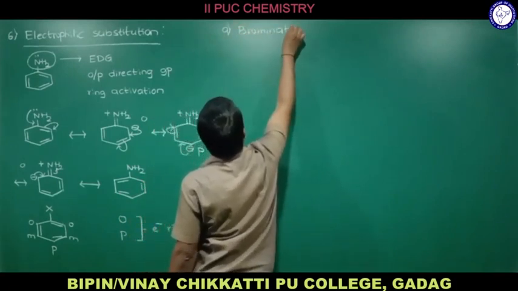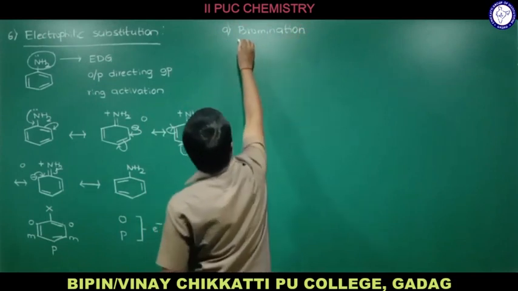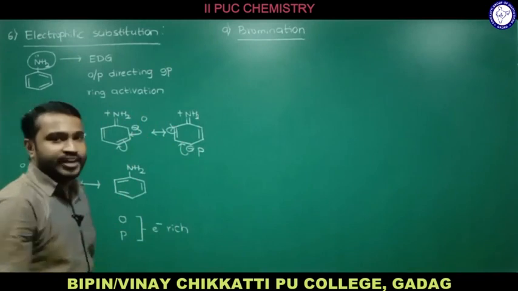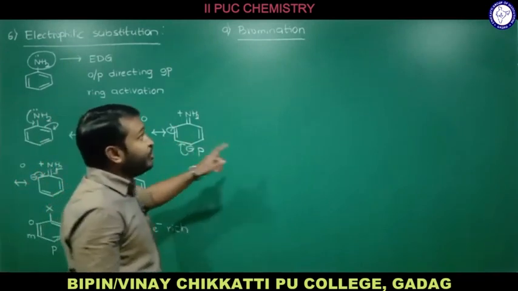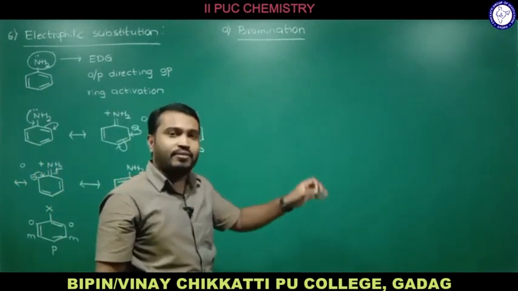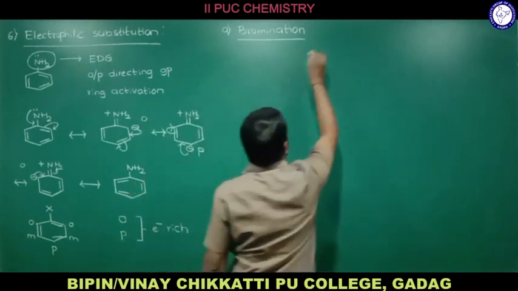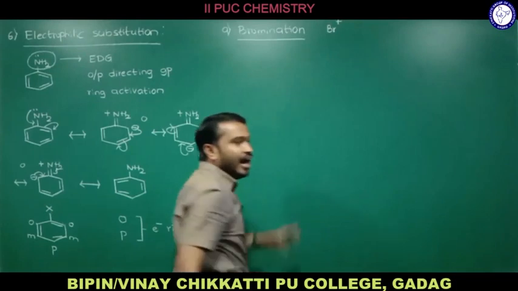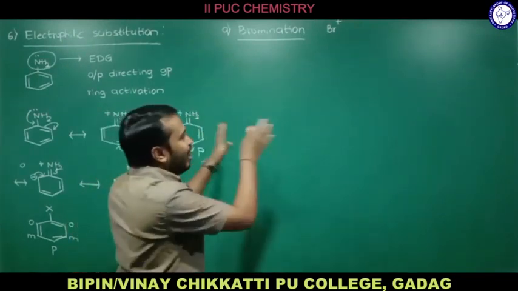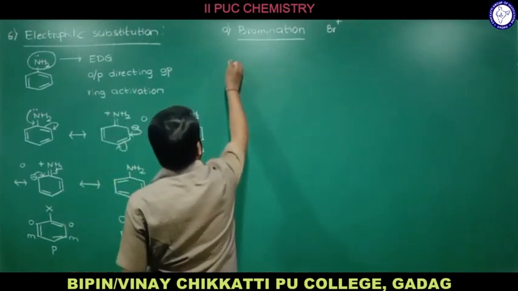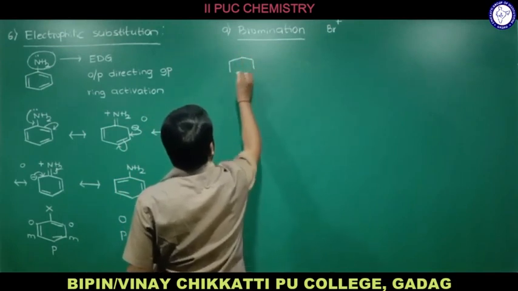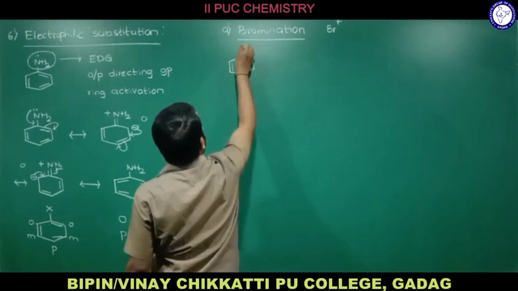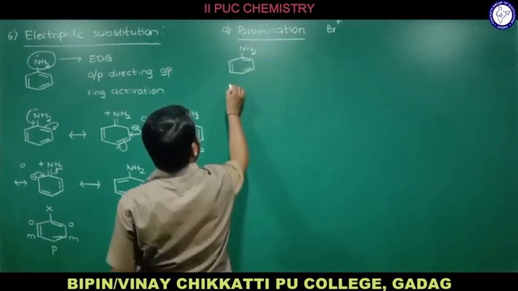So how is the electrophile going to be considered in case of bromination, and how does the substitution reaction take place? We know that the electrophile is an electron deficient species, so in bromination the electrophile will be Br+. So now we'll see how the reaction takes place. So now I am going to consider aniline, benzene ring with NH2. Okay, so this is aniline.